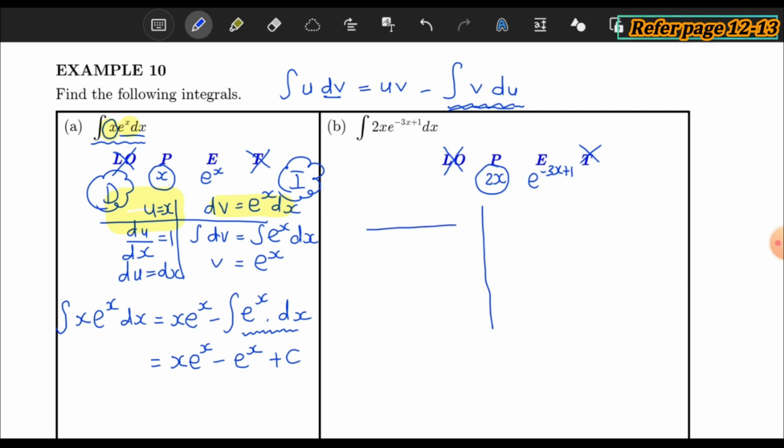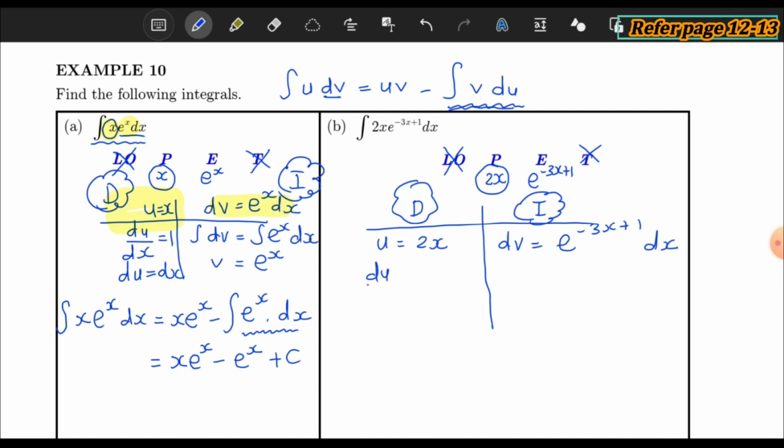Okay, we separate into two. We need to differentiate u equal to 2x to get du dx. And we need to integrate the rest. The rest is exponent, so we need to write dv equal to exponent negative 3x plus 1 dx.